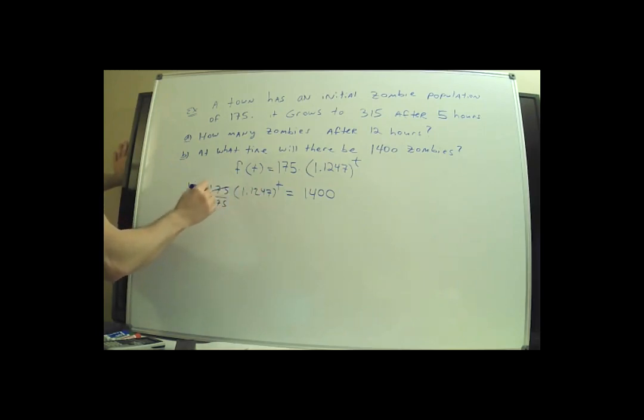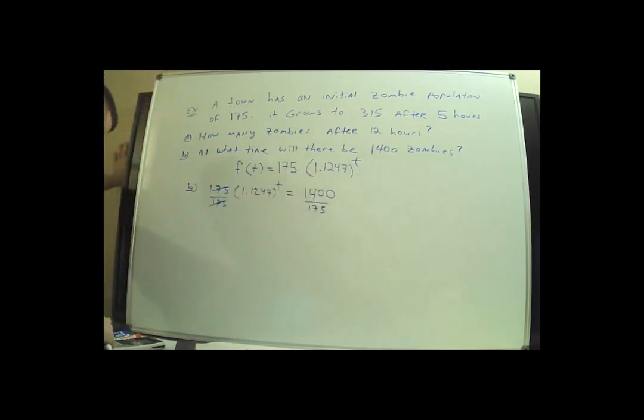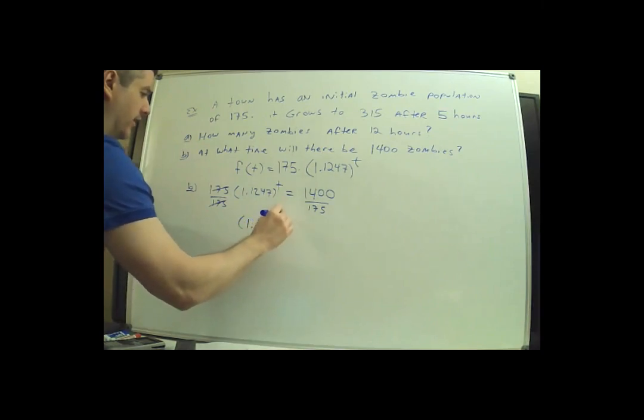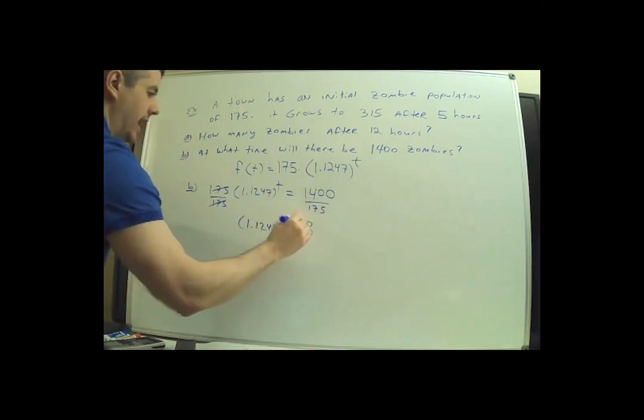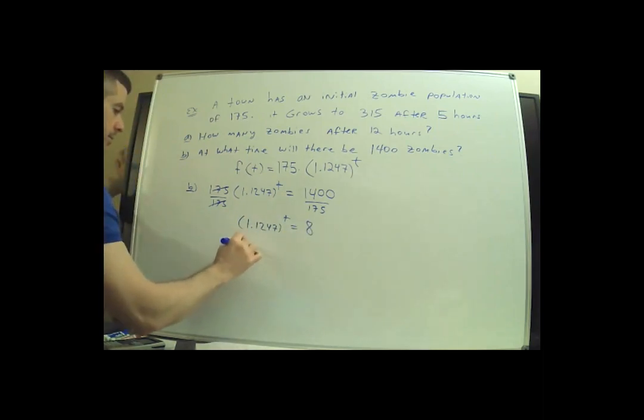Divide away the number in the front, always. Actually do that division. Do 1400 divided by 175. It comes out to 8. Well, that's nice. That's by design. So there's an 8 there. Now take the log of both sides.